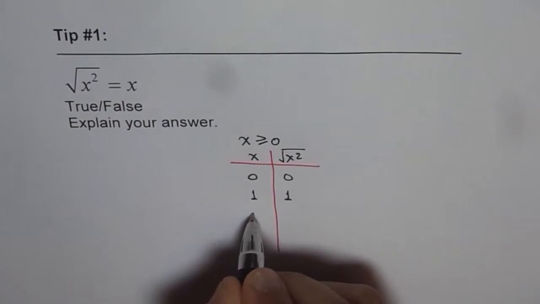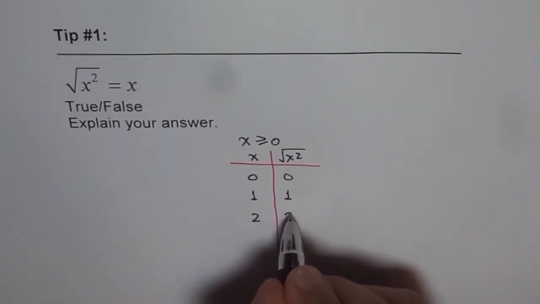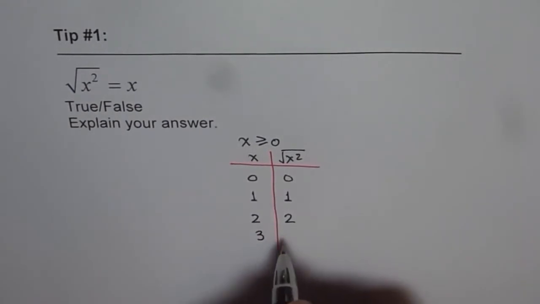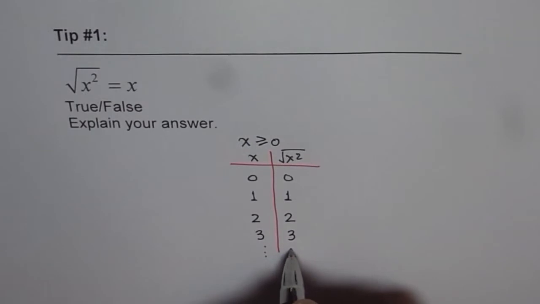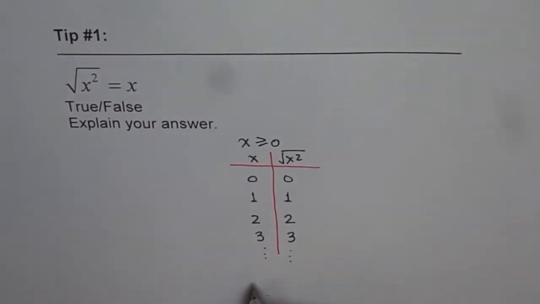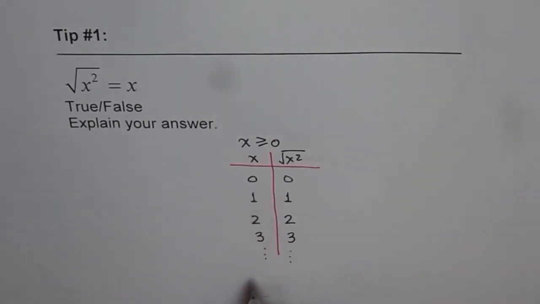That's correct. 2. 2 square is 4 and square root of 4 is indeed 2. And 3 square is 9, square root of 9 is 3. So we do get the result that if x is greater than or equal to 0, then square root of x square is equal to x.